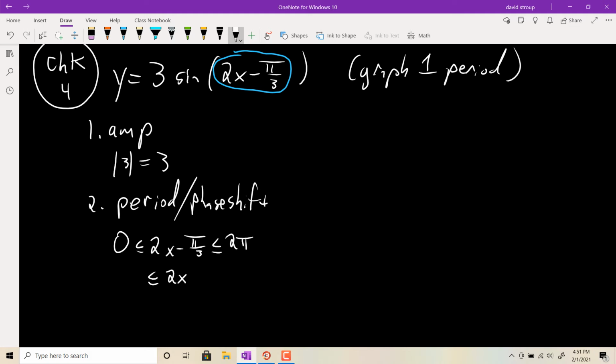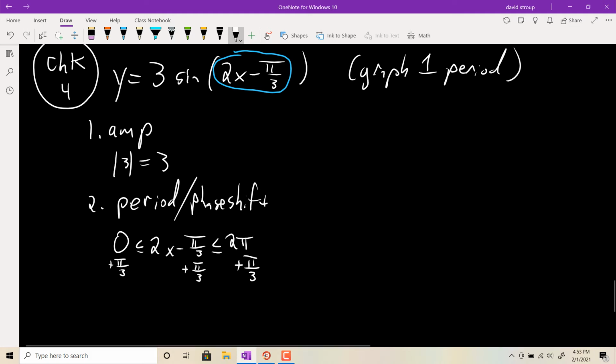So when I add pi over 3 to all 3 sides, you have to add pi over 3 to everybody. On the right end, you don't want to combine 2 pi and pi over 3, or it's going to obscure what your period is.